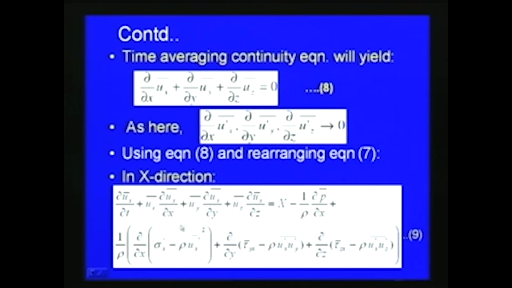Finally, in the x direction we can write ∂ū_x/∂t + ū_x ∂ū_x/∂x + ū_y ∂ū_x/∂y + ū_z ∂ū_x/∂z = X − (1/ρ) ∂p̄/∂x + (1/ρ) ∂σ_x'/∂x − ρu'_x² + ∂/∂y(τ_yx bar − ρu'_x u'_y bar) + ∂/∂z(τ_zx bar − ρu'_x u'_z bar), where X is the body force.